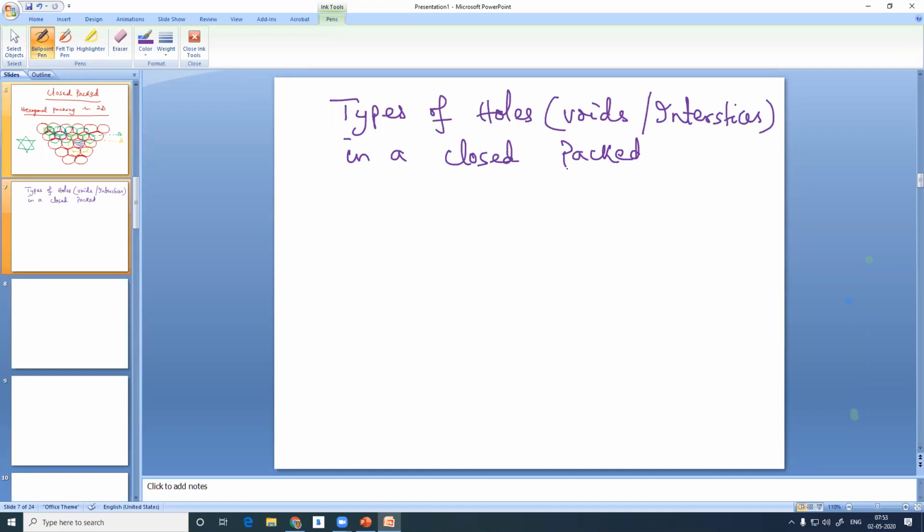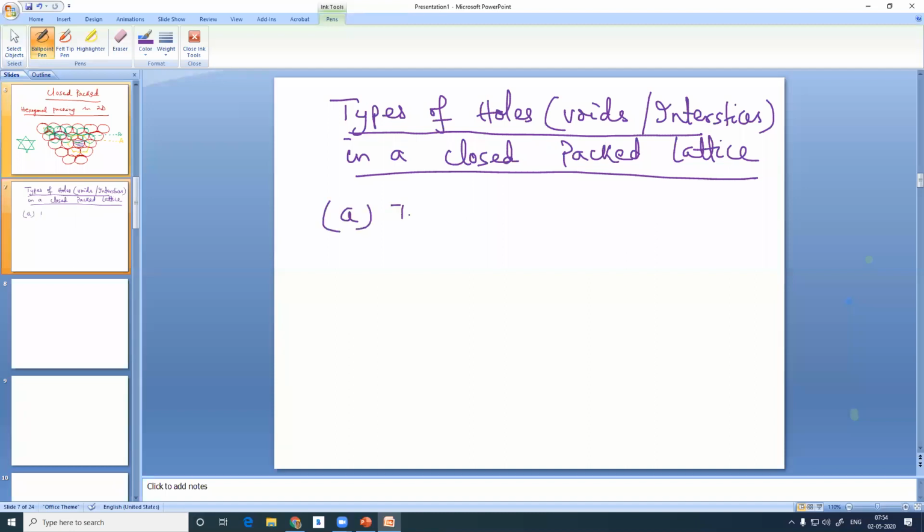As you see, I'm deliberately not showing you the pictures. Types of holes in a close packed lattice: A is tetrahedral, and B is octahedral. These are the only 2 kinds of holes.